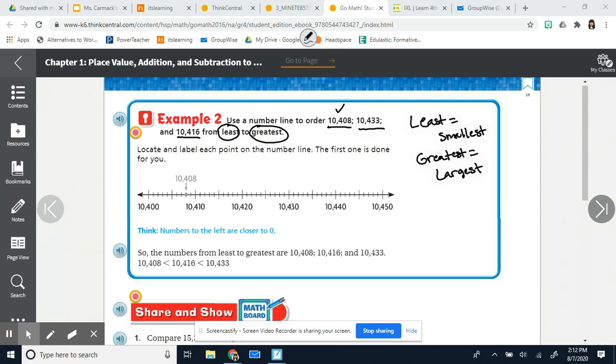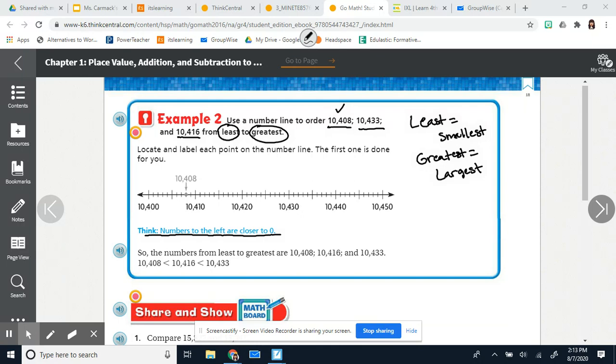10,408. I'm actually going to put a little check mark above that number to tell me that I already did it. Okay, then I have to figure out between 10,433 and 10,416 which one would go next. So again, you can use a place value chart to do that, or you could also just look at the number. So you have to think numbers to the left are closer to 0.